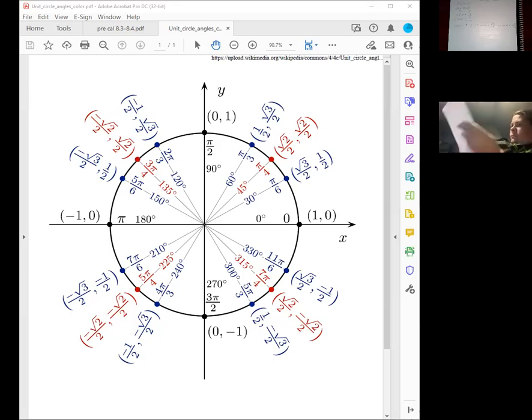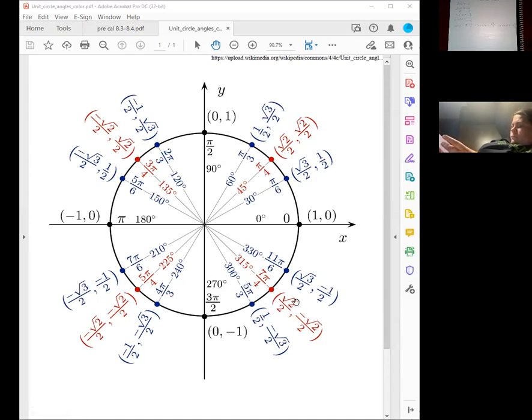Now, cosine is the x, so square root 3 over 2, it's right there. Negative square root 3 over 2 is right there because we have a plus or a minus, so both are cool. Both are technically solutions. There's another negative root 3 over 2.